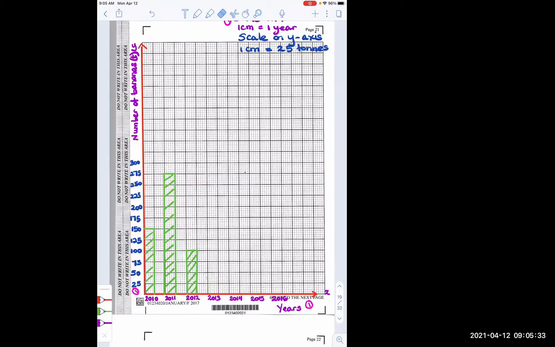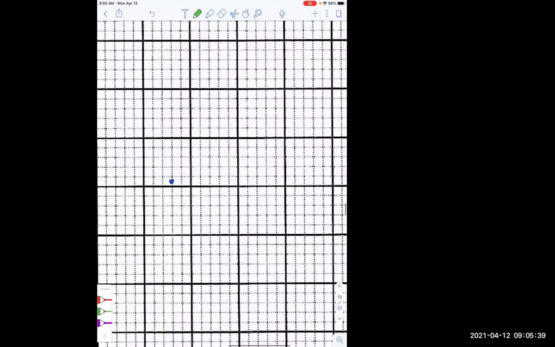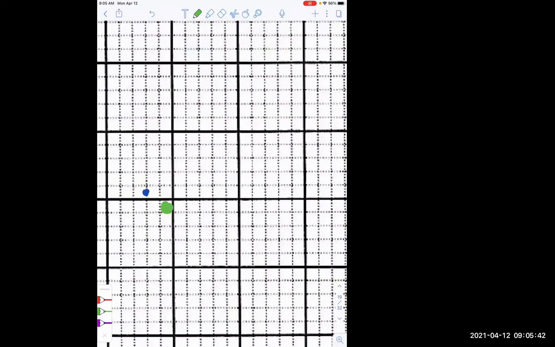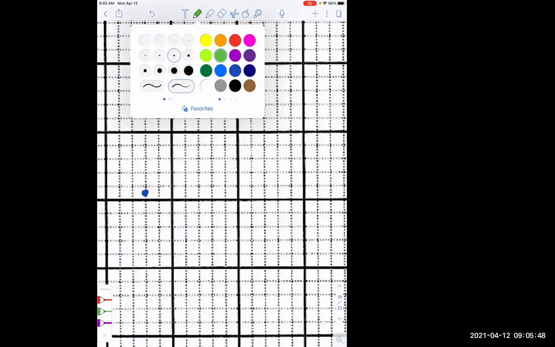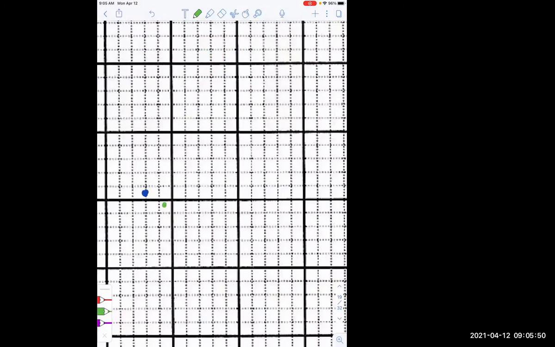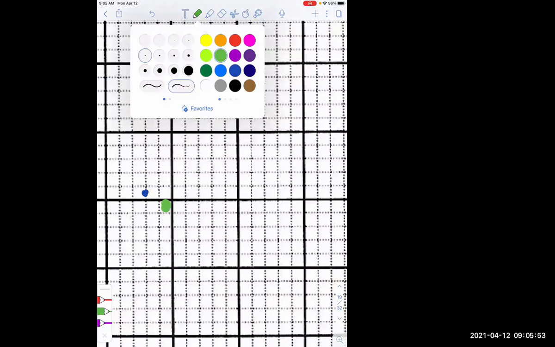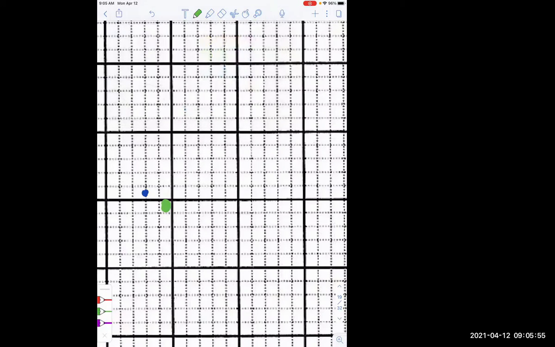So let me repeat that. Each small block, so let's look here. Here is 0, and here we have 25. So every small block, and this is what I mean by the small block, represents 5.